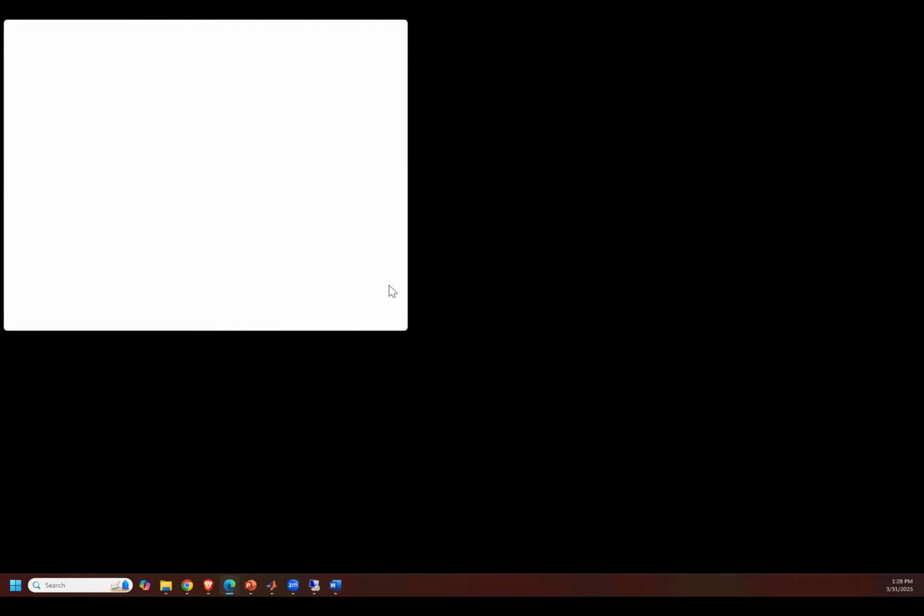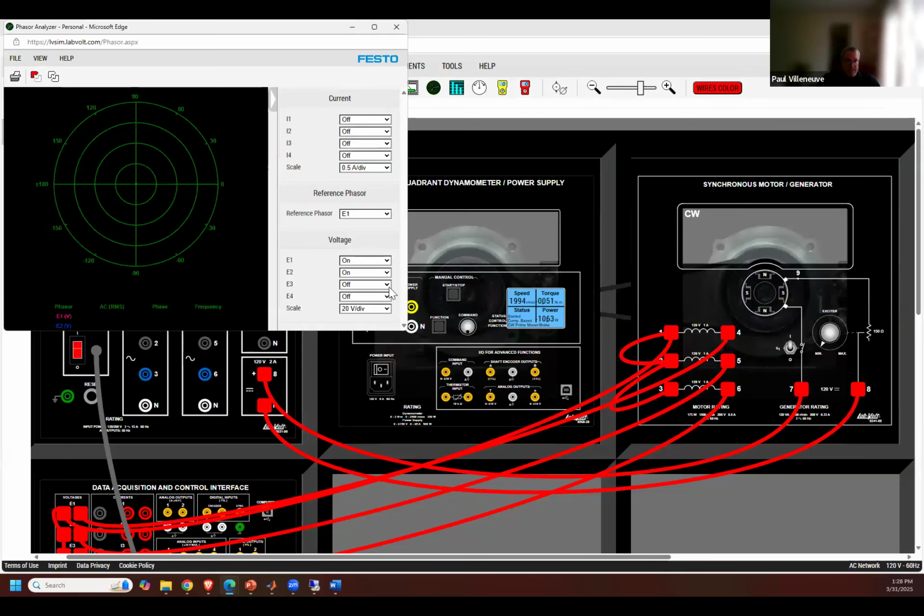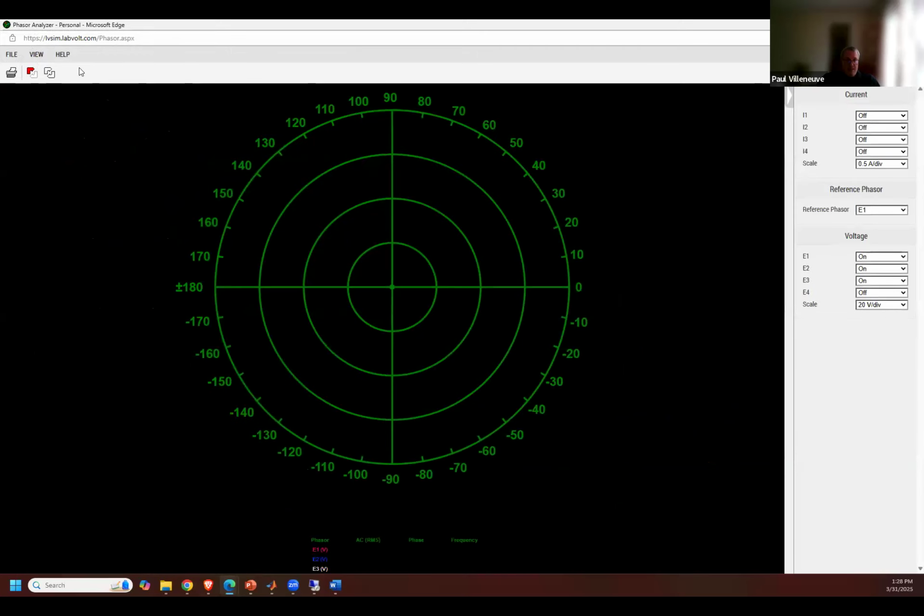But over here, we get to. Let's toggle that on. And there you go. Magnitudes are the same. 120 degrees here, 120 degrees here, 120 degrees there. And I'm going to adjust the speed. I'm going to go back to 1800 RPM. Watch what happens. See if you notice anything.